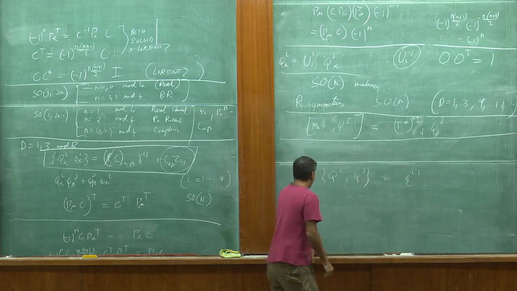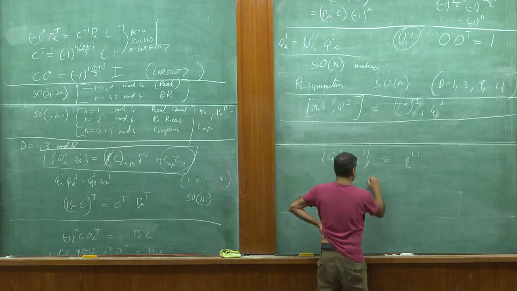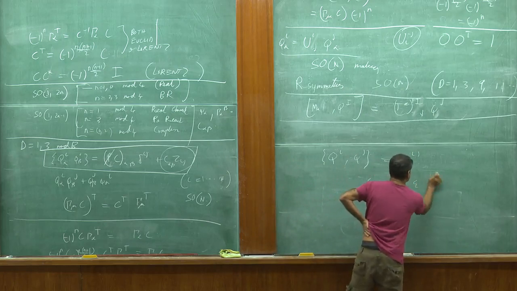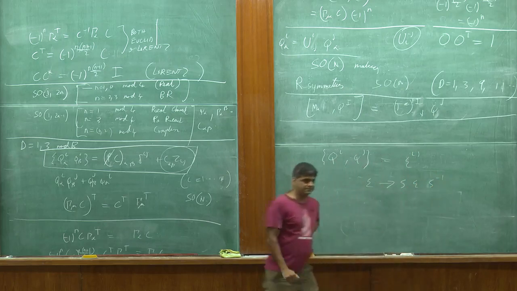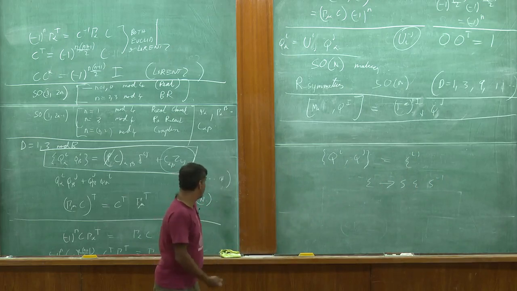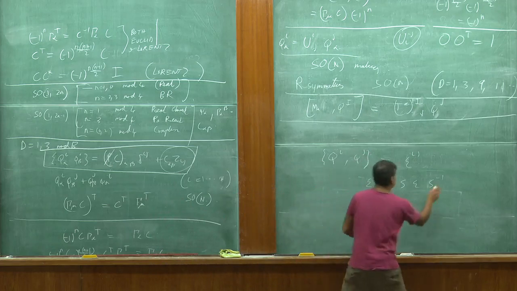Now let me perform a similarity transformation on Qs. So zeta goes to S zeta S inverse, sorry, S zeta S transpose.